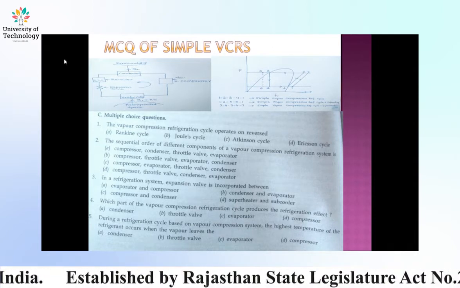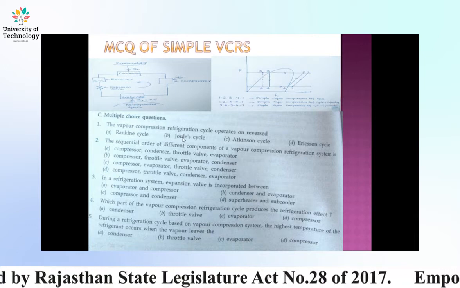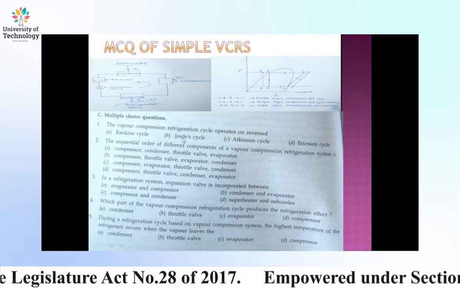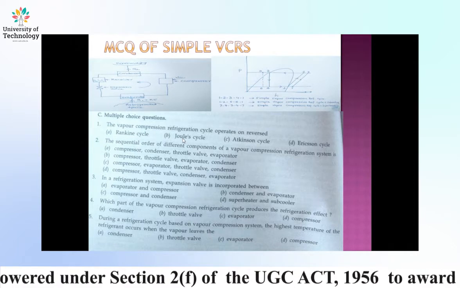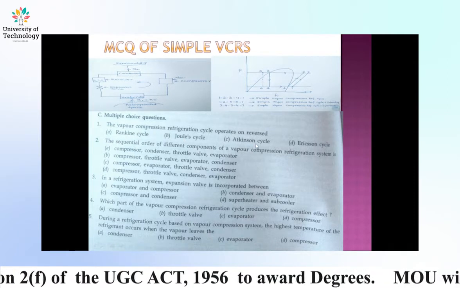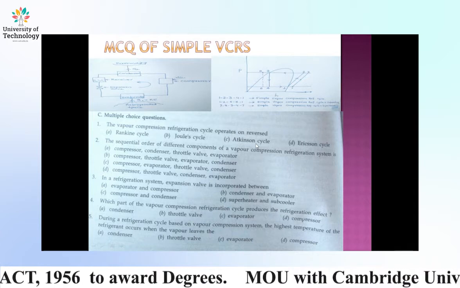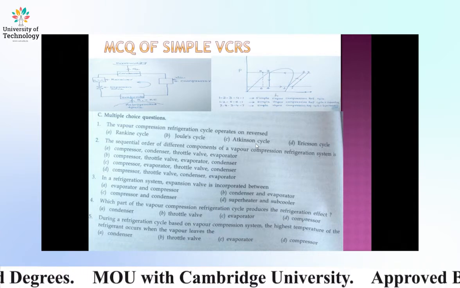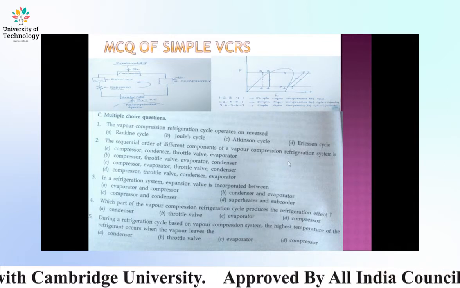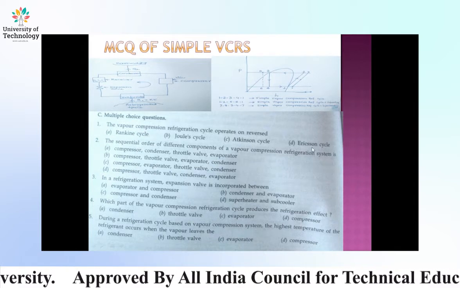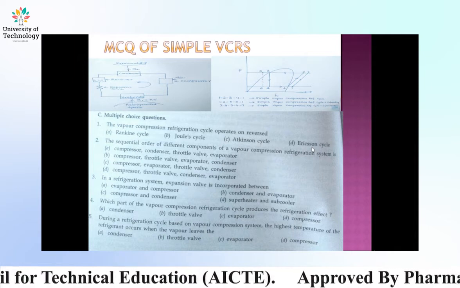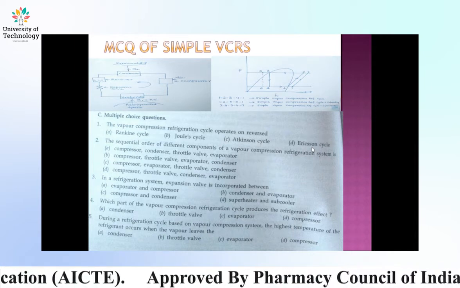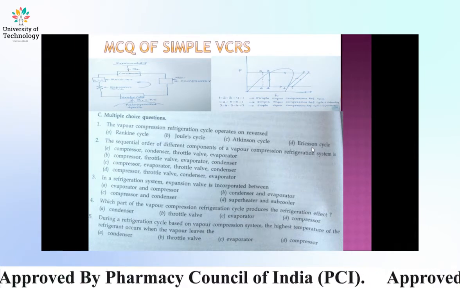Joule cycle also has two reversible adiabatic processes and two isobaric processes. In Atkinson cycle, there are two reversible adiabatic, one isobaric and one isochoric process. It can be used in internal combustion engines. Ericsson cycle has two isothermal processes and two isobaric processes. All these four cycles are for power production.